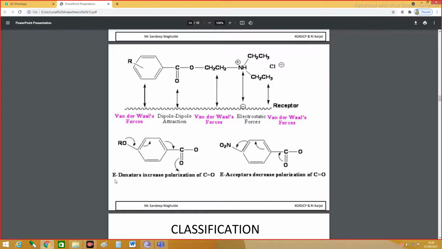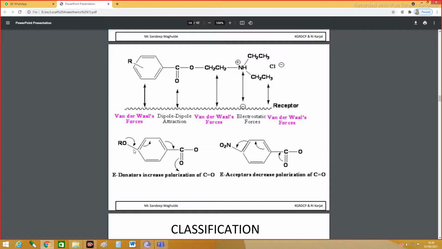Electron donors will increase the polarization of the carbonyl group, because the ester is electron withdrawing. If we consider an OR group, it is an electron releasing group at the para position.